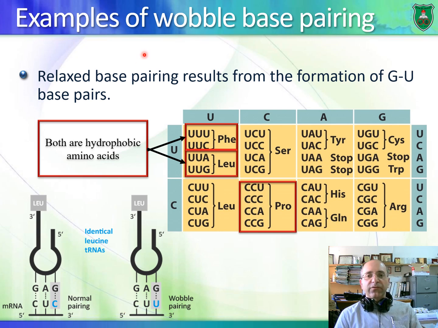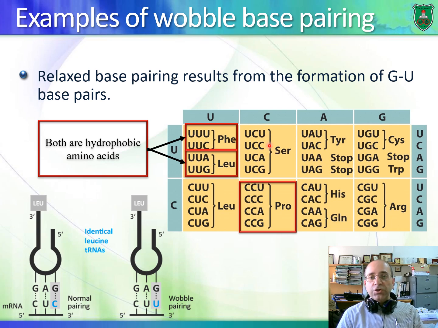Well, if you have a change in the third nucleotide of a codon, for many of these codons, nothing would happen, right? So if you change a U to a C in a codon in the messenger RNA, you still code for the same amino acid, which is serine.